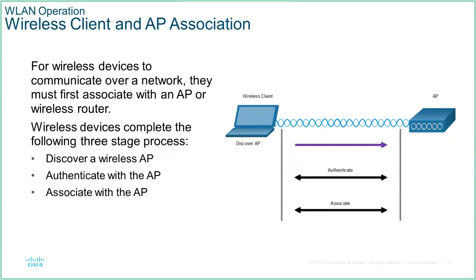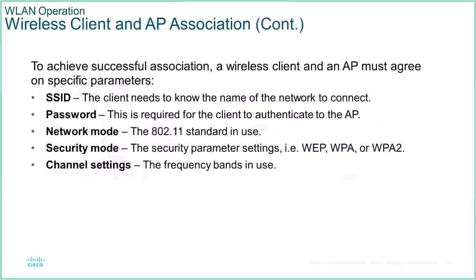So, some key things we need to have lined up before communication can occur between a wireless device and an access point. We need to be on the same service set identifier. We must authenticate using passwords.